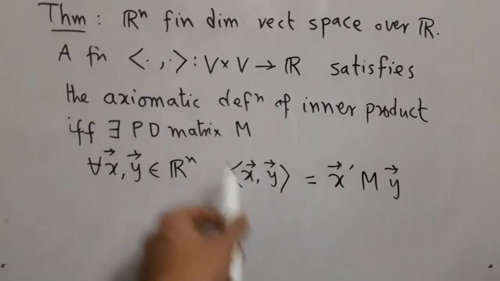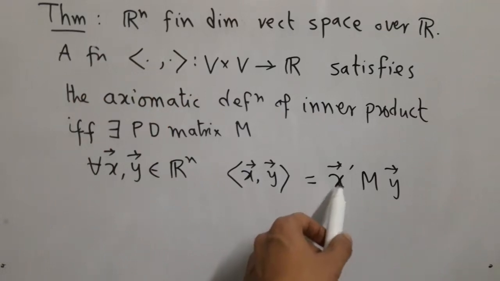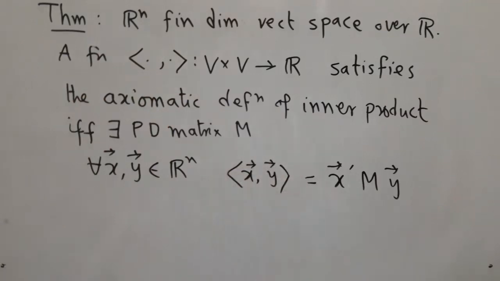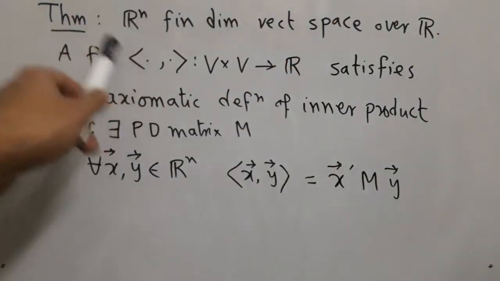Now we shall be able to prove this result after we learn about eigenvalues and eigenvectors. But for now, just remember that this theorem shows the equivalence between the two definitions of inner product for a finite dimensional vector space over R, which I have stated here for Rn.